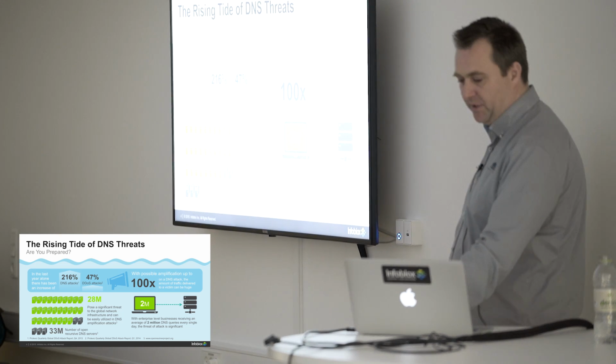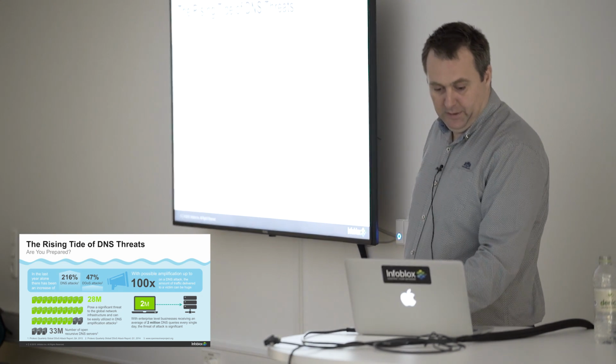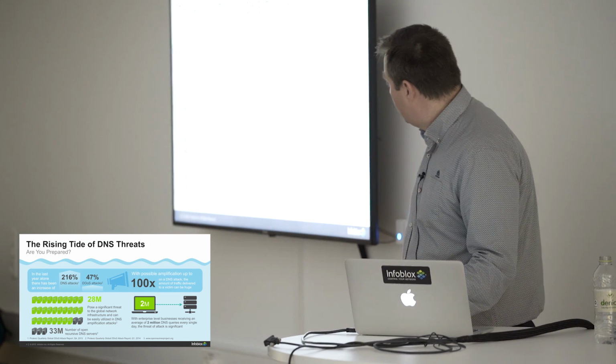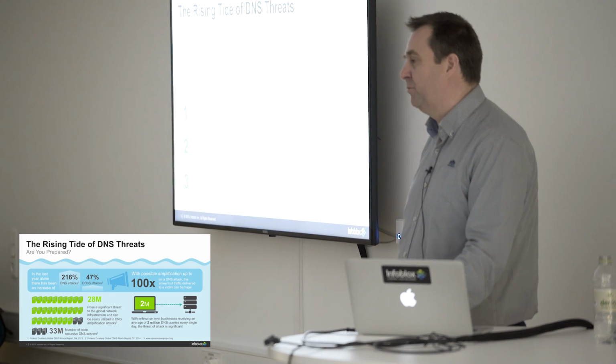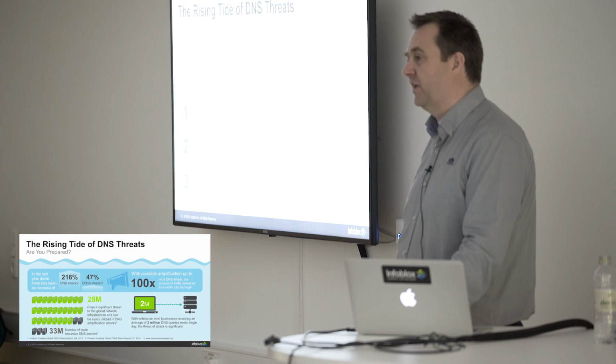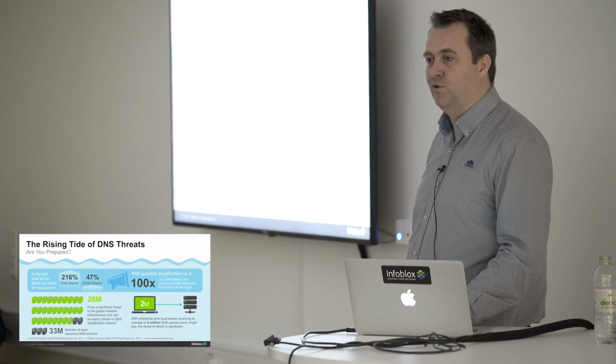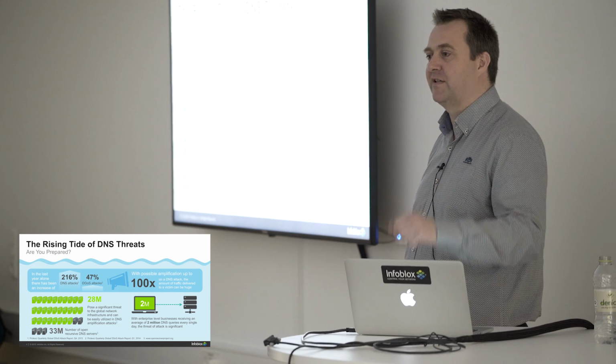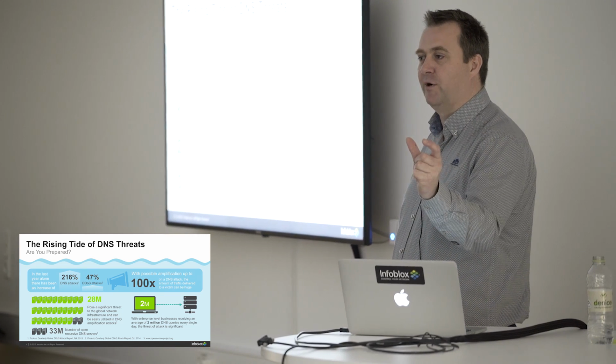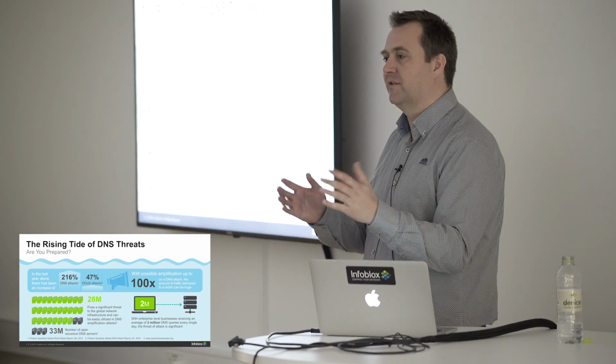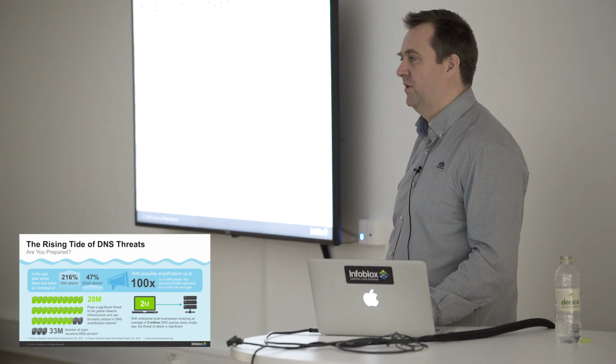So that's why you need to do something about it. The reasons: easy to spoof, asymmetric amplification, easy to do amplification. Certainly if you sign your zone with DNSSEC, then you can send a small query to your DNS server and get a big answer, and then send that answer to somebody else.